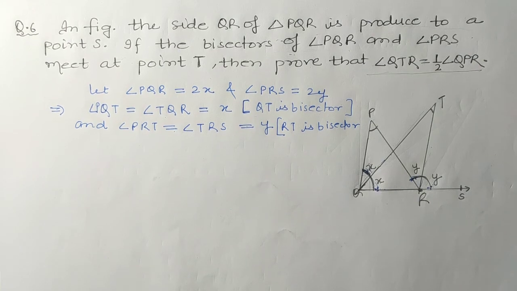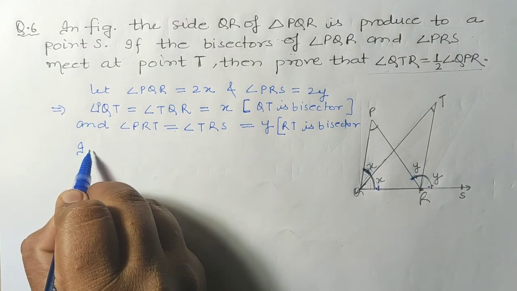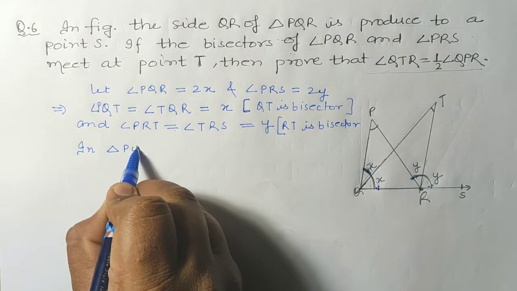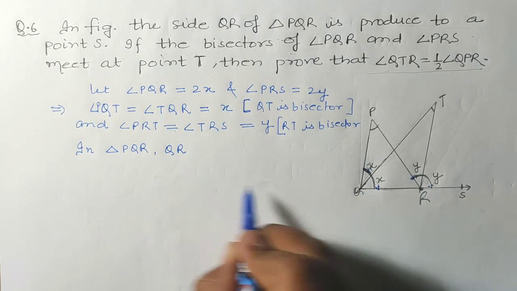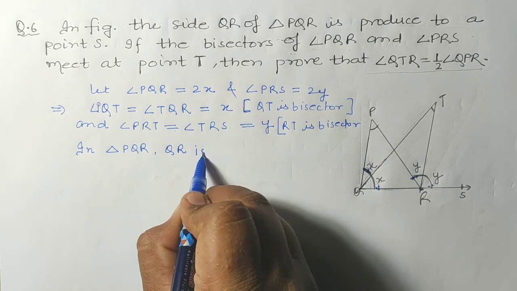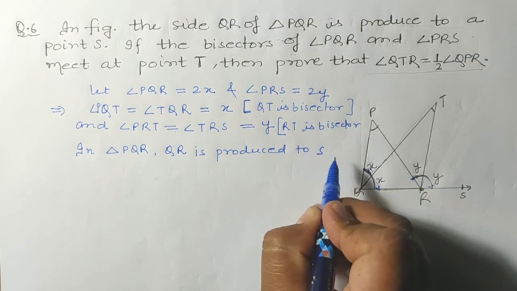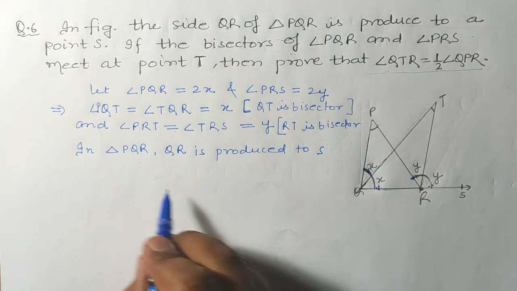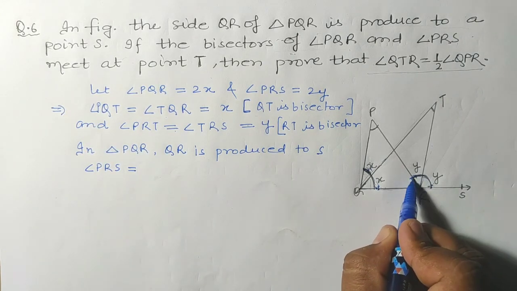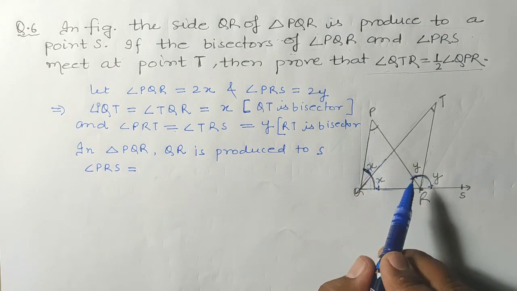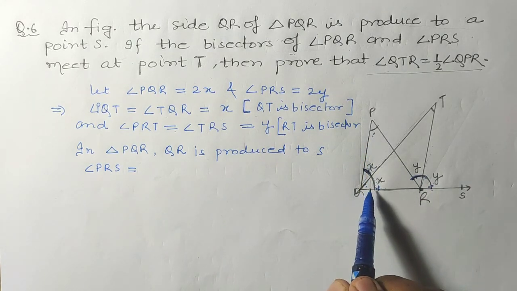Okay, so we have mentioned that we have assumed this angle as x and x, this angle as y and y. Now see students, in triangle PQR, QR side, okay, this side is QR, QR side is produced to S. Okay, so this angle PRS is its exterior angle, so from exterior angle property we can say that this angle is equal to the sum of two opposite angles.